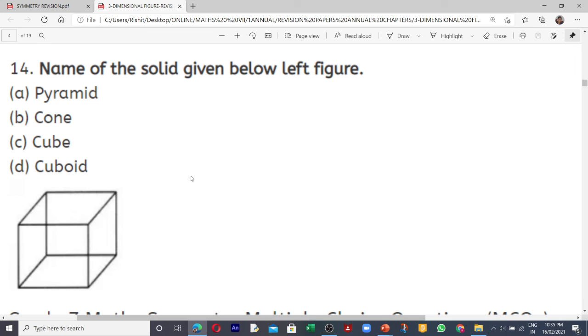So write down 14 B cone if this option is correct. If it is not correct, write down question number 14 and something else. Whatever answer is, write down option number along with the answer. Okay. So now match it and I will upload these answers in the school app. Today I will upload it, and then you can check your answer.